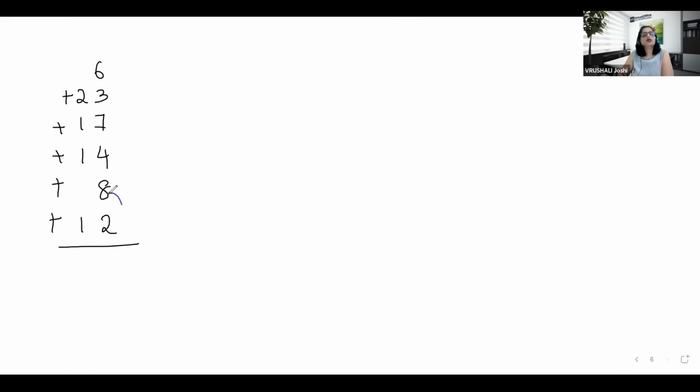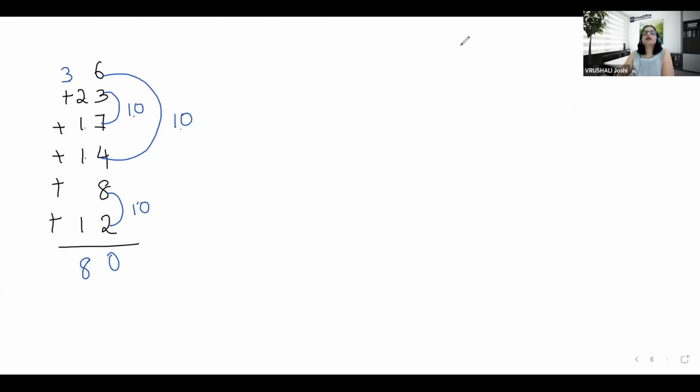So 8 plus 2 is 10. 7 plus 3 is 10. 6 plus 4 is also 10. 10 plus 10, 20 plus 10, 30. Getting it? Now it is easy. 3 plus 2, 5, 6, 7, 8. You're not even using your finger once.